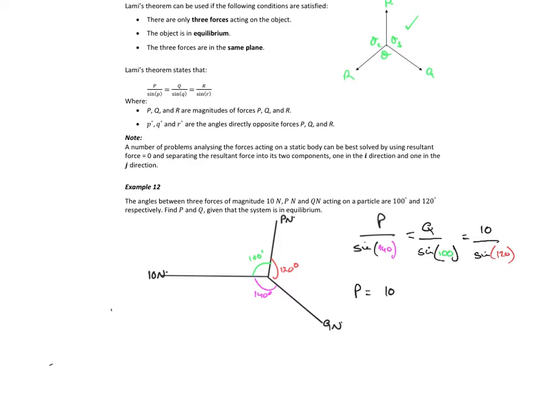P is equal to 10 times sine 140 over sine 120, and Q equals 10 times sine 100 over sine 120, which equals, we get 7.42 kilogram weight of force and 11.37 kilogram weight of force.